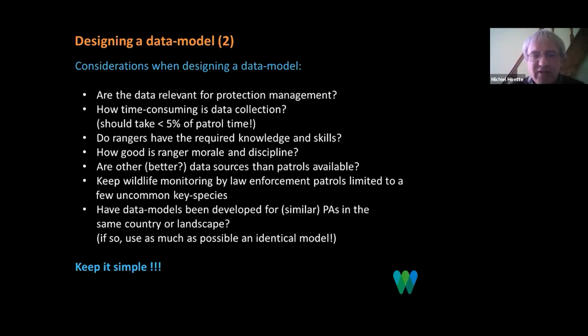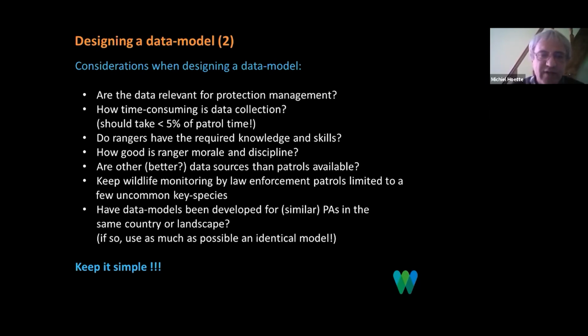Obviously, you should take the ranger morale and discipline into account. If there's low morale and discipline, you should keep the system very simple. You could even decide to have a simple system where you only ask them to collect data for SMART on citations and confiscations.